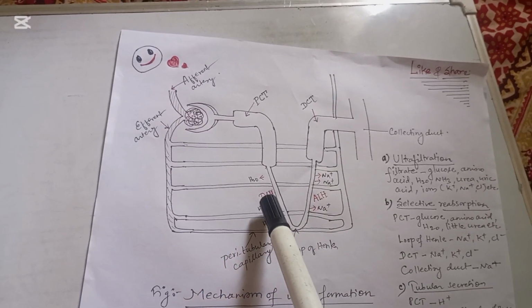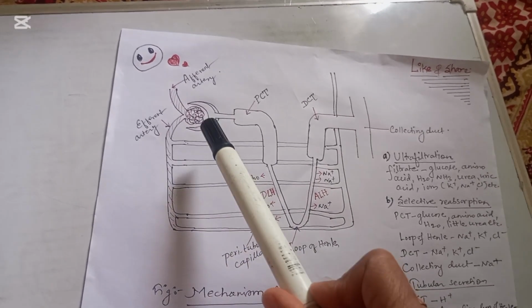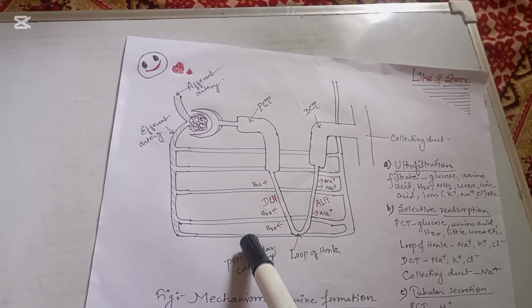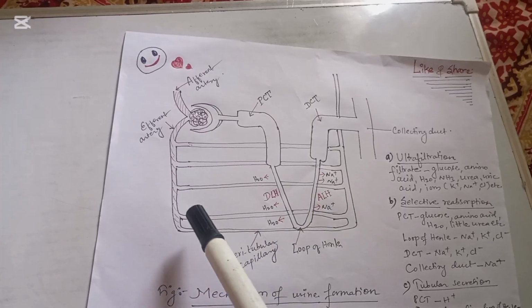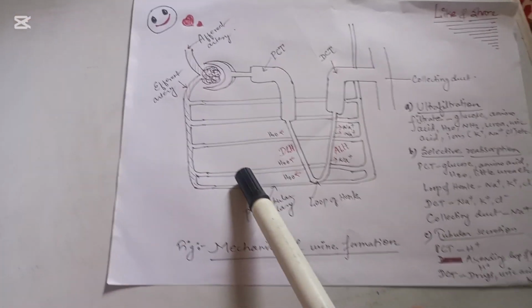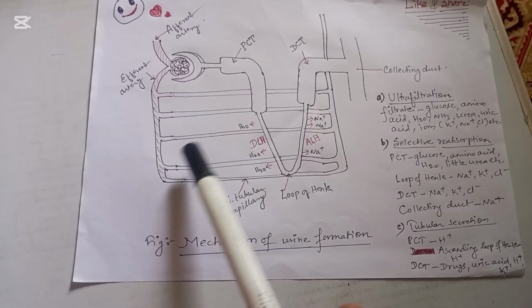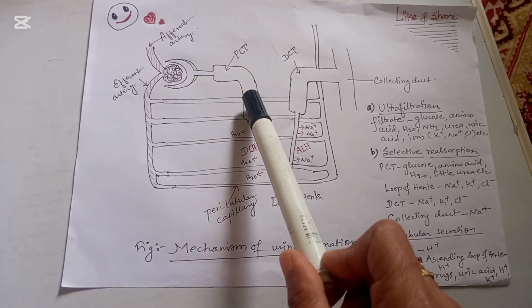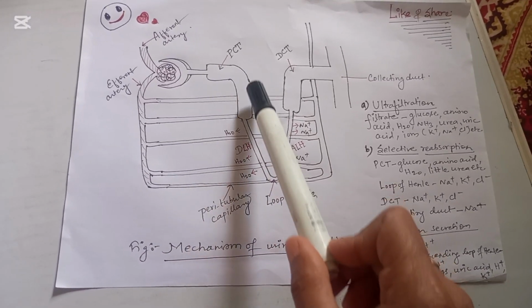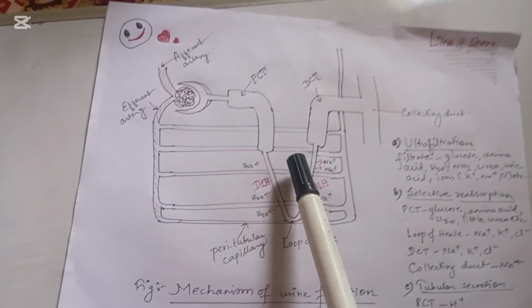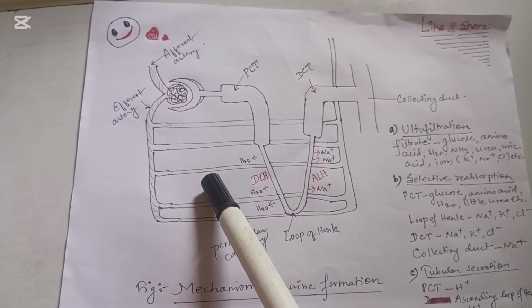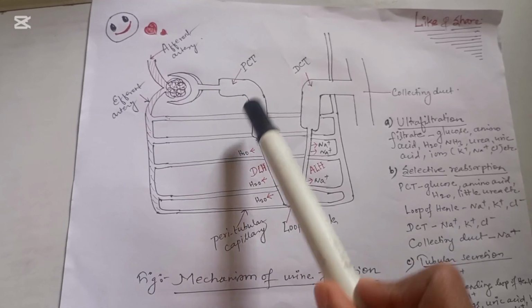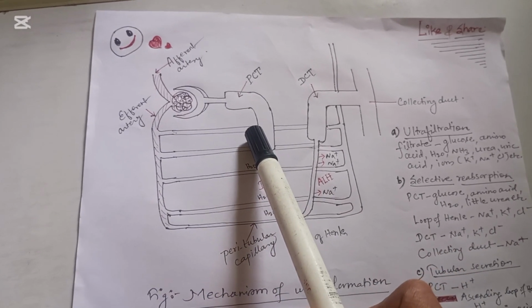Here in the diagram it is shown away from the renal tubule, but in fact these tubules are in very close contact with the renal tubule. So this is called the peritubular capillary. The nutrients which were present in the proximal convoluted tubule, about 2/3 of them, are absorbed by these peritubular capillaries in the proximal convoluted tubule.